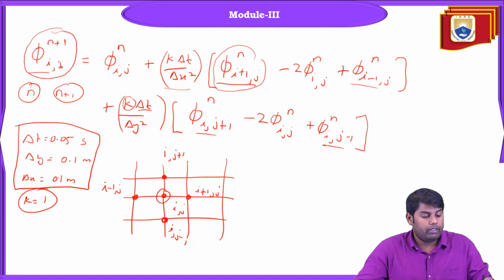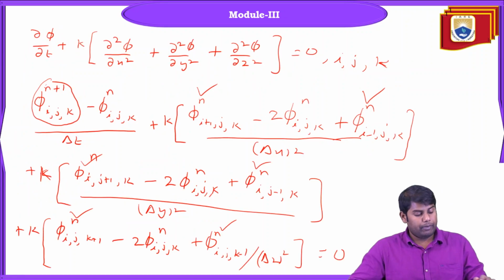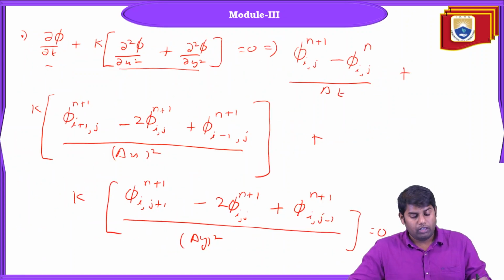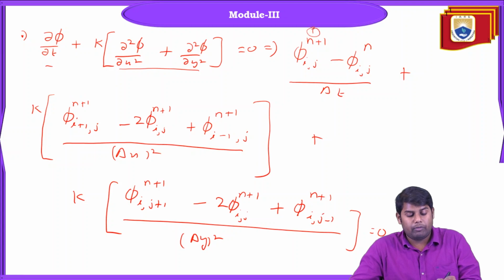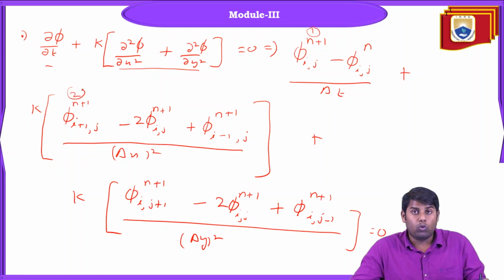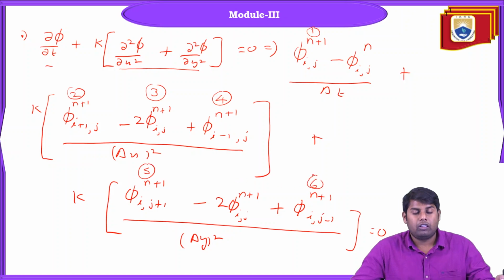Now the difference between the explicit and implicit method here is that here we have only one unknown term, whereas for the implicit method, how many unknowns do we have to calculate? This is unknown number 1, this is 2, this is 3, this is 4. This and this are common, this is 5 and this is 6.